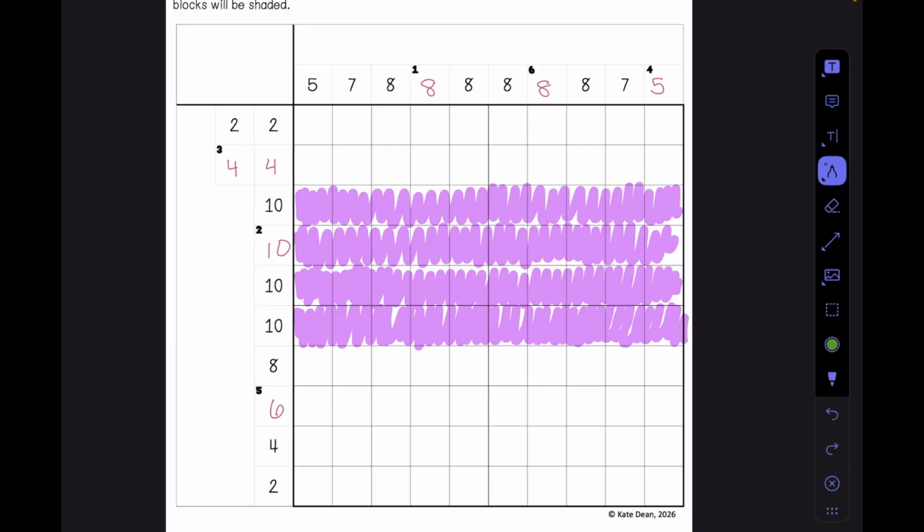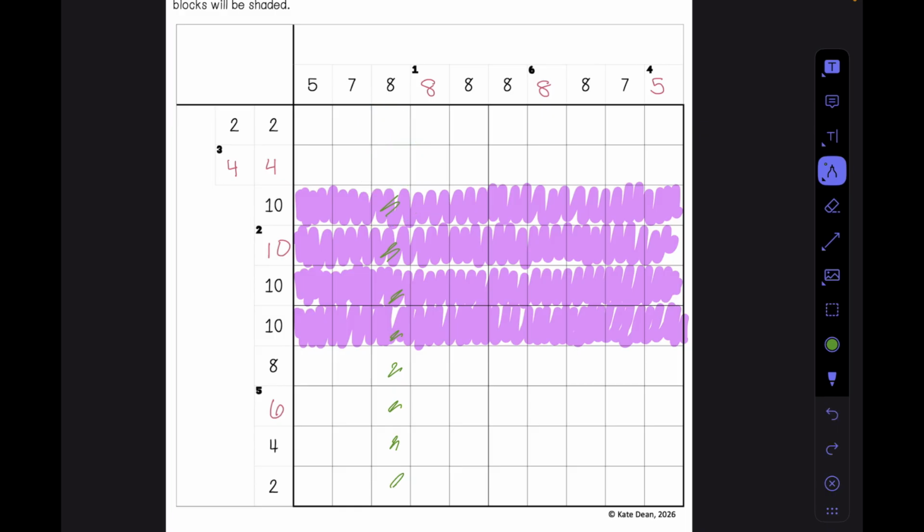Because they're 10 across, I can either have 1, 2, 3, 4, 5, 6, 7, 8, or I could start one block later, or two blocks later. If we think about all of those different combinations, what are the ones that are filled in every single time, regardless of which block we start with?